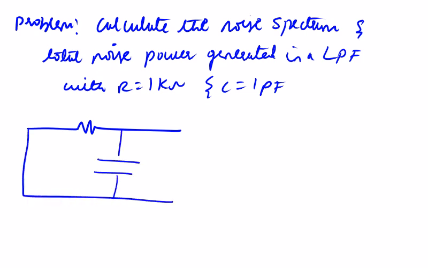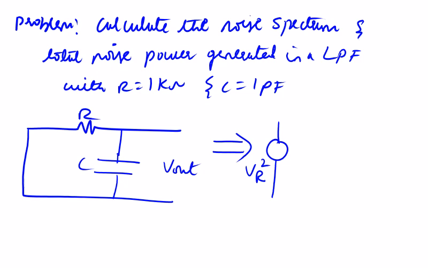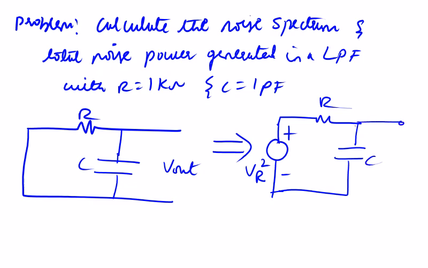So it is resistance R and capacitance C. The equivalent circuit will be VR² with a series resistance and capacitance, and this is Vout.